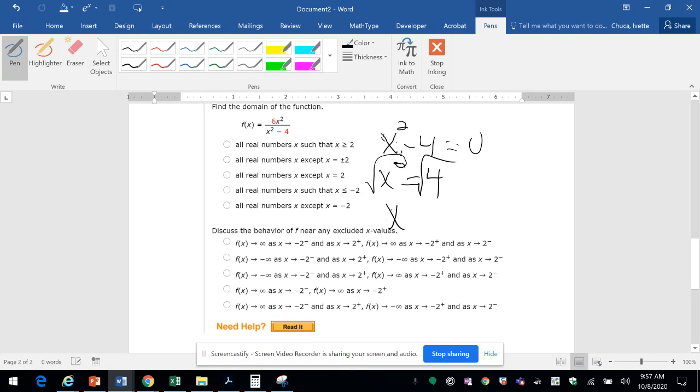So x is equal to plus or minus 2. So the values positive 2 and negative 2 are excluded from the domain. So the domain is going to be all real numbers except for plus or minus 2. So that's going to be this choice here.